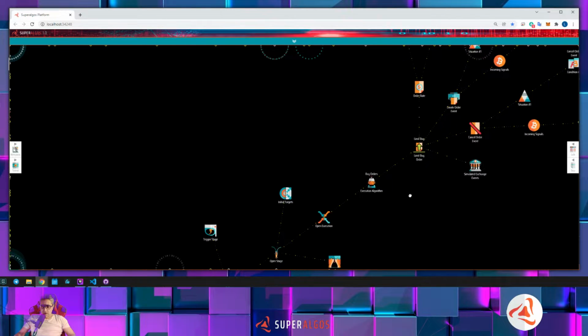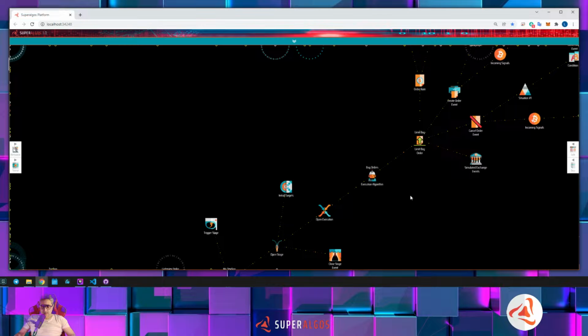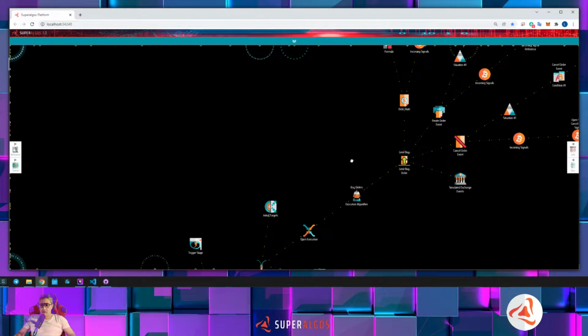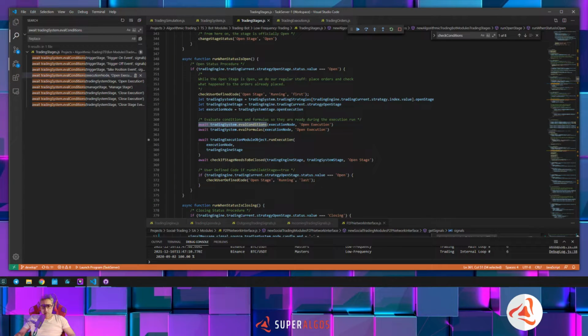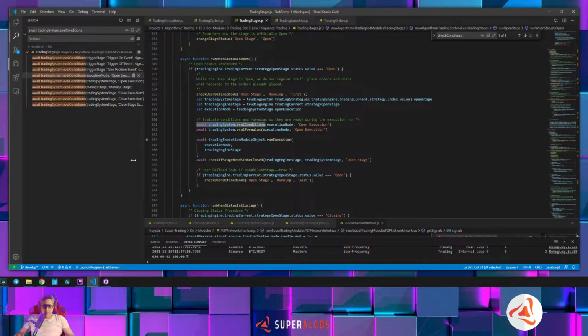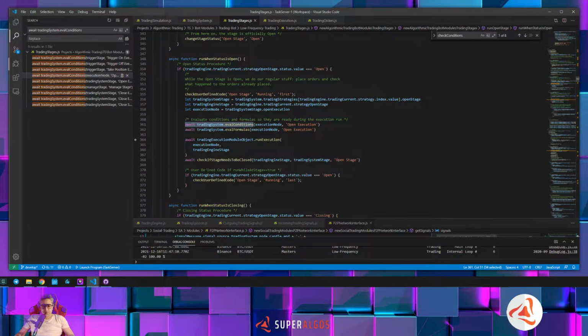And the second one is that maybe we are evaluating conditions more than once, and we have seen that before. So we will have to reframe and reorganize this, and that means a reorganization of the code of the trading bot itself. But well, let's do it.